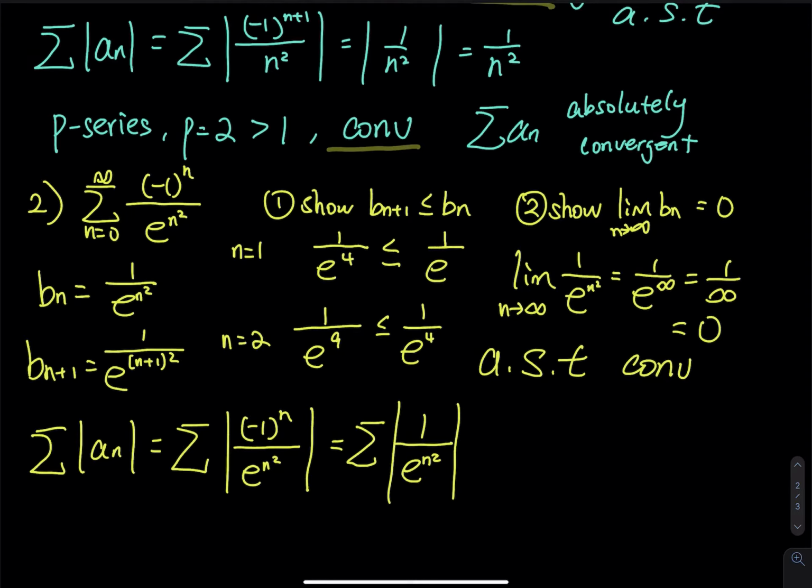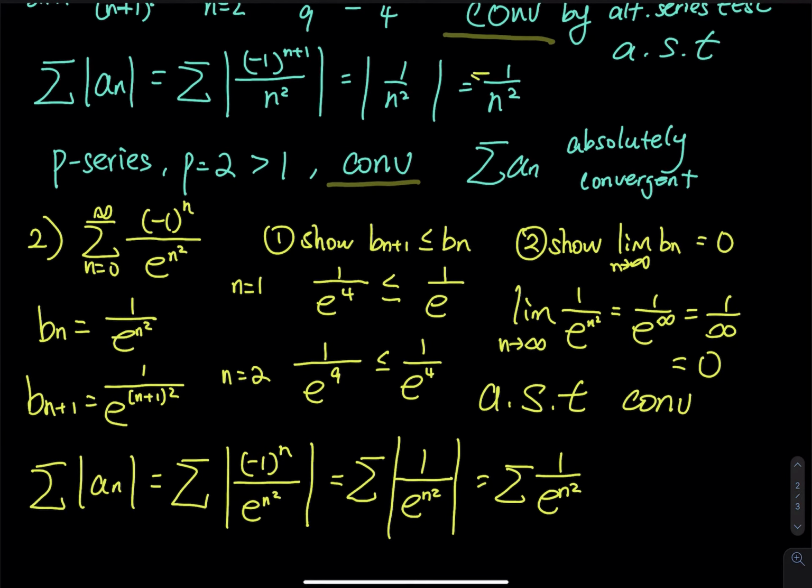So when you do so, do we still need the absolute value? The answer is no. Take a look at the denominator. N squared is always positive, right? And then e is around 2.7. 2.7 raised to some power is always positive, so we only have this, right? Oh, by the way, this one I forgot the summation.